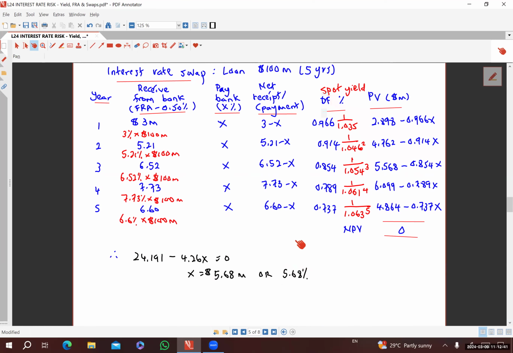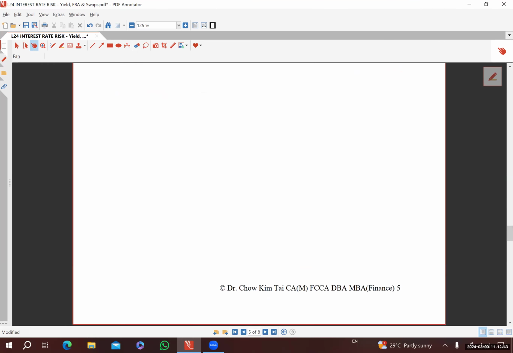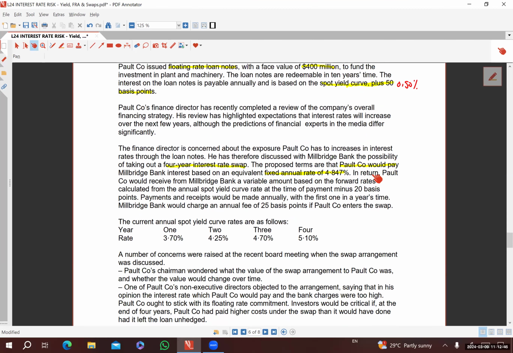Okay, so in return, Pork will receive from the bank a variable amount based on the forward rate calculated from the annual spot yield curve at the time of payment minus 20 basis point. So it will receive from the bank variable rate. Forward rate minus 20 basis point or 0.2%.